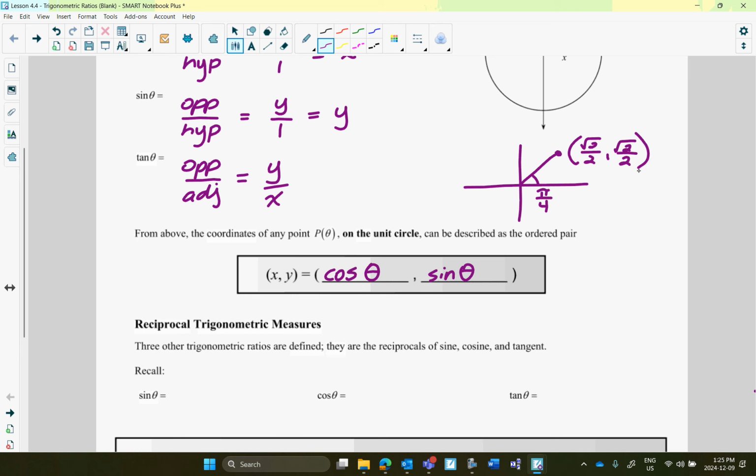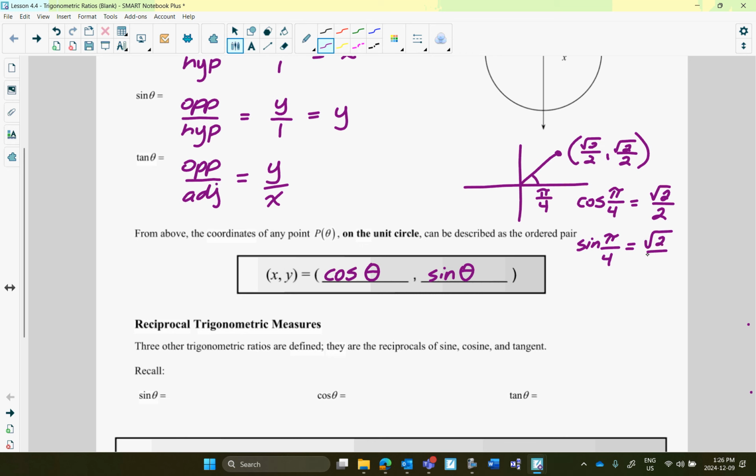Therefore, we can find the trig ratios. The cosine first. Cosine of pi over 4 is the x coordinate of the point on the unit circle, so it's root 2 over 2. The sine of the angle pi over 4 is the y coordinate of the point that pi over 4 goes through.